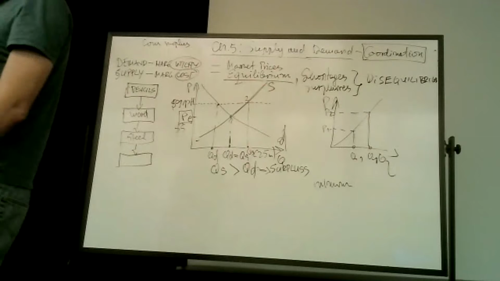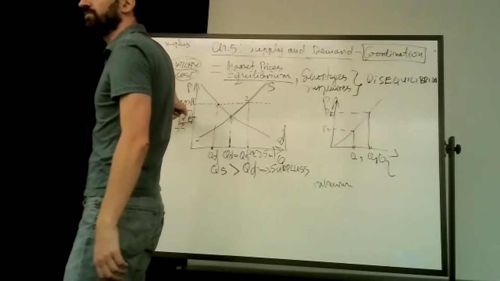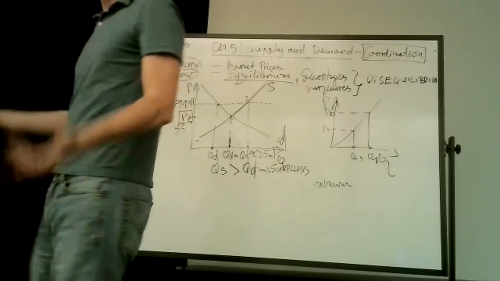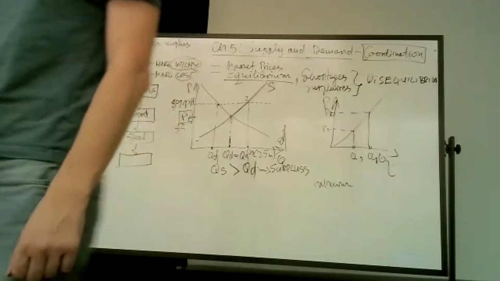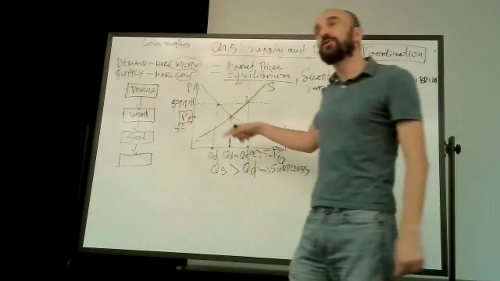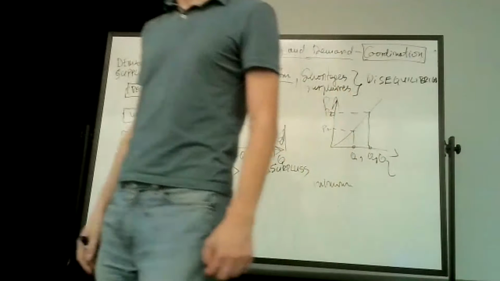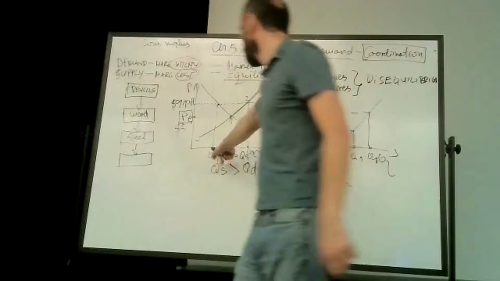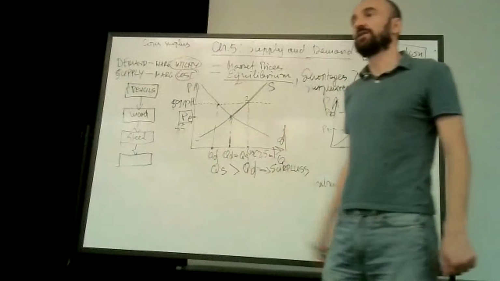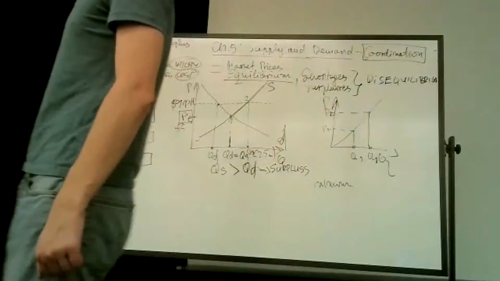If you were to insist on $9 per unit, you will get $0 of revenue. So now you're in an inferior position. You have to compete against your fellow sellers by lowering the price in order to lure the reluctant buyers to enter the market once again.